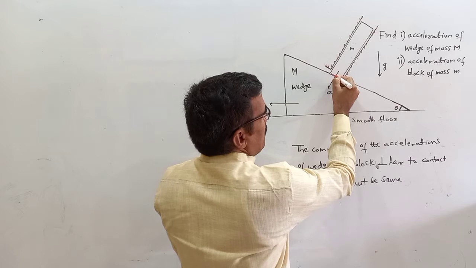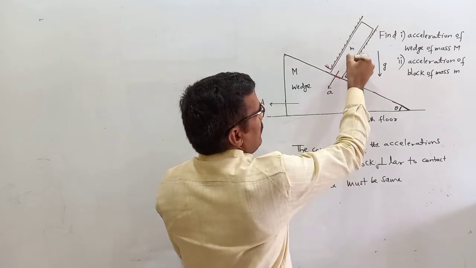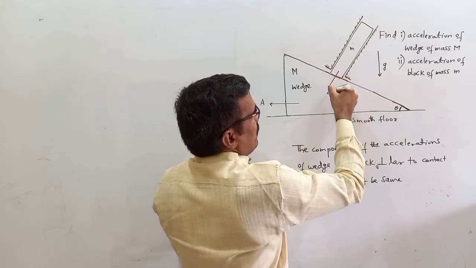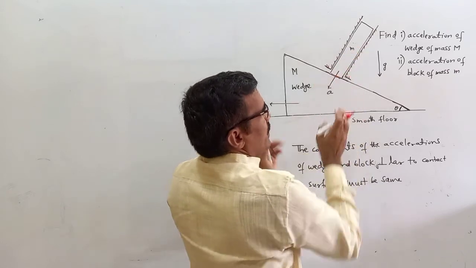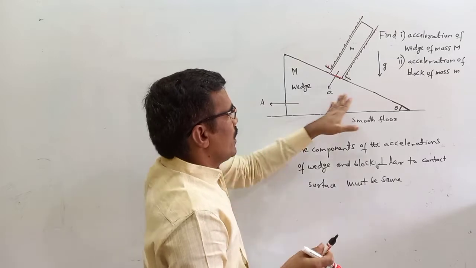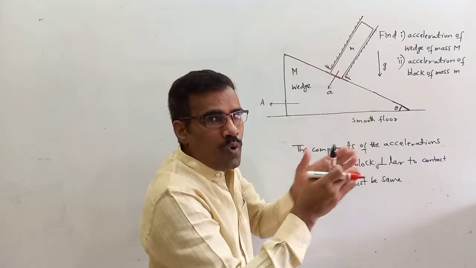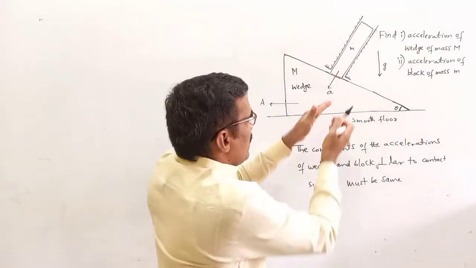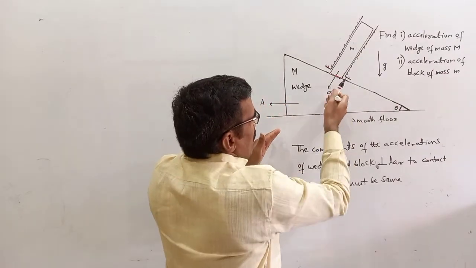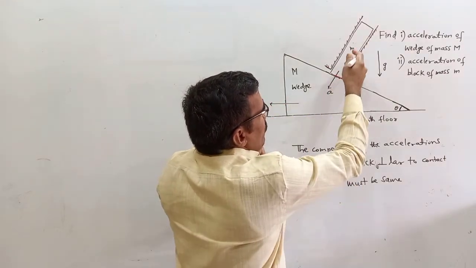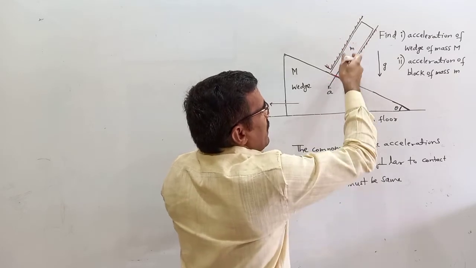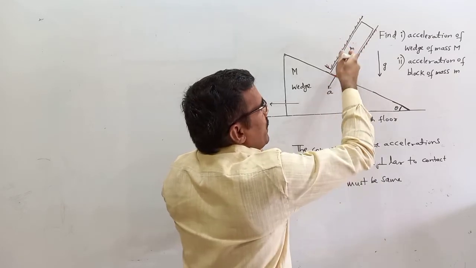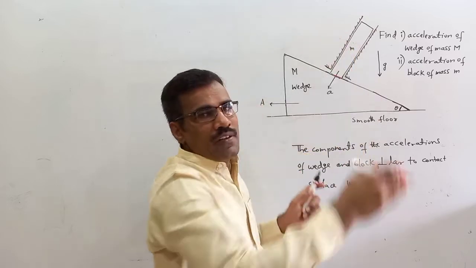So this is the contact surface. Along this direction, the acceleration of the wedge and the block must be the same, because the wedge and block slip over each other. Here it moves this side and moves down. In which direction is the contact always? Normal, perpendicular to the contact surface.